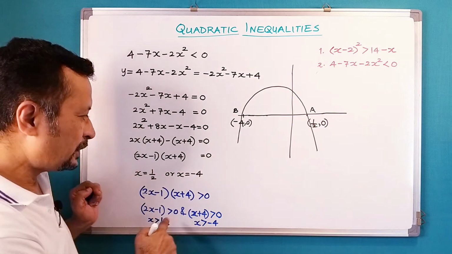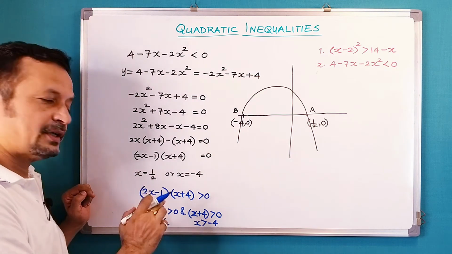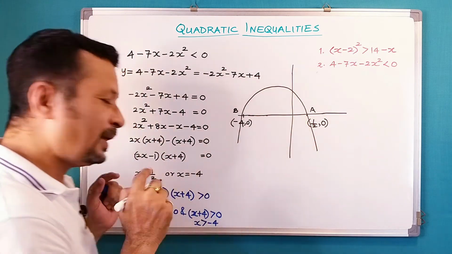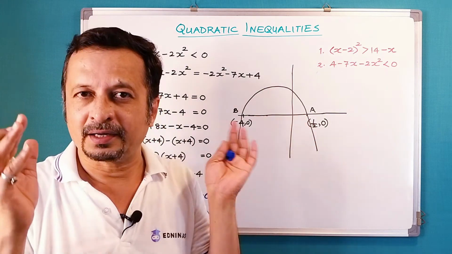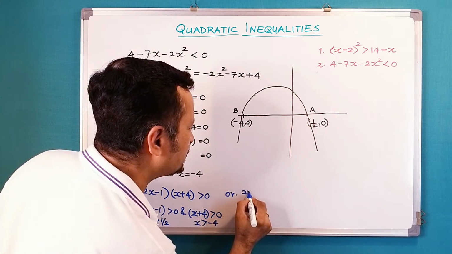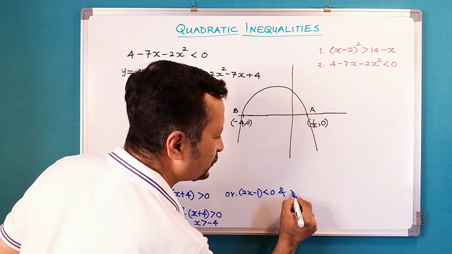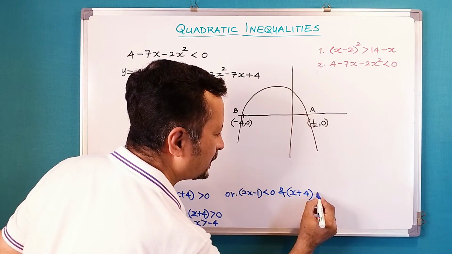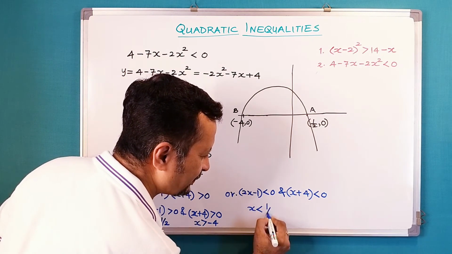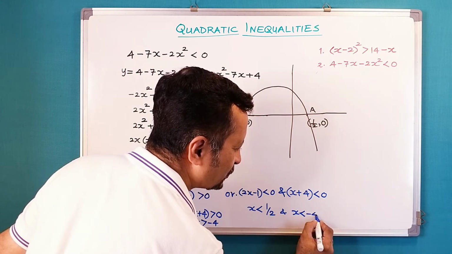I have taken only one. Why have I taken these two conditions, 2x minus 1 greater than 0 and x plus 4 greater than 0? Because if both are positive, the product will be positive. But the product can also be positive if both are negative, correct? So I can also say, or 2x minus 1 less than 0 and x plus 4 less than 0. That would mean x is less than half and x is less than minus 4.